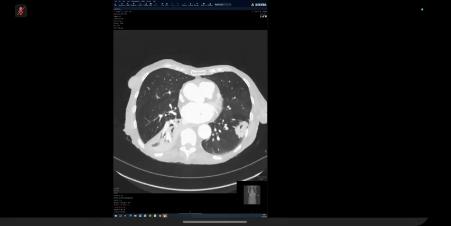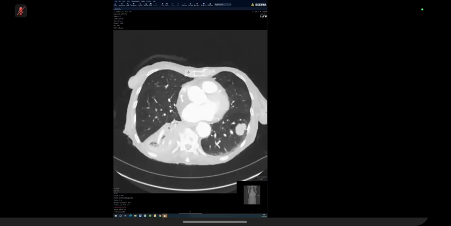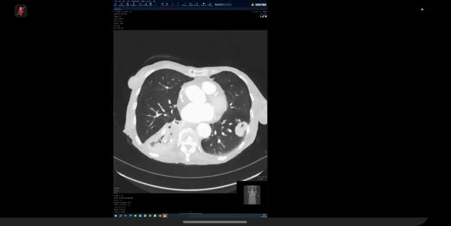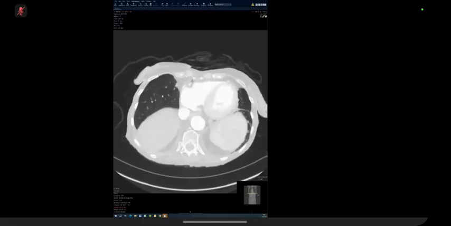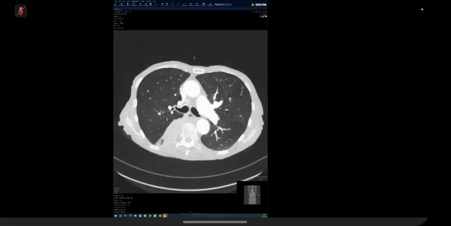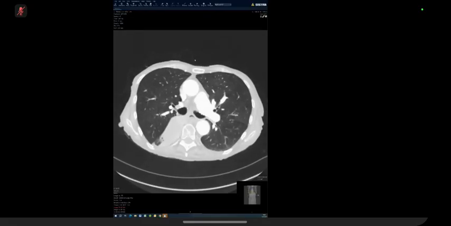What do you think is the diagnosis? It could be malignancy. That would be my top potential, given the patient presented with hemoptysis and given the consolidation and the lesion.